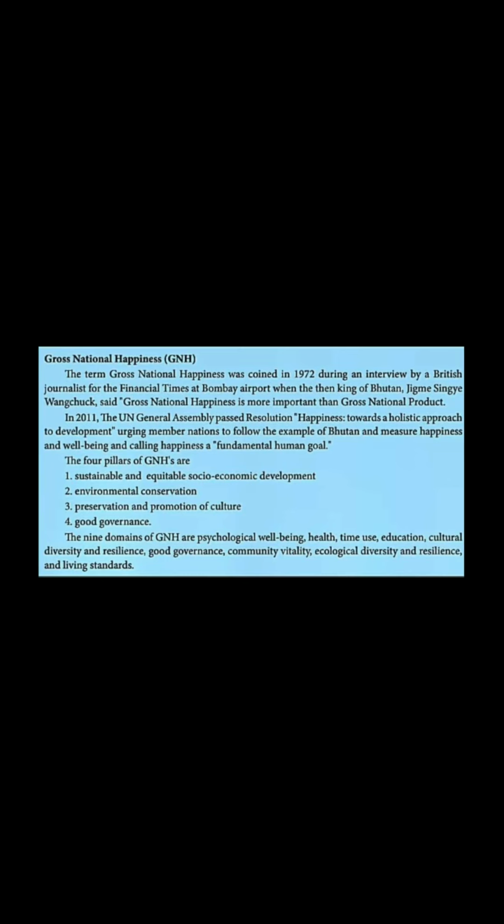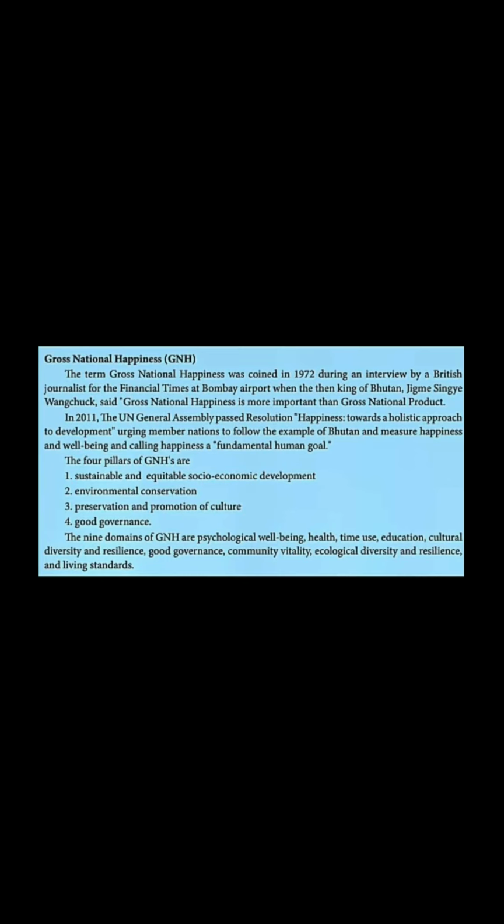The 9 domains of GNH are psychological well-being, health, time use, education, cultural diversity and resilience, good governance, community vitality, ecological diversity and resilience and living standard. These are the 9 domains.